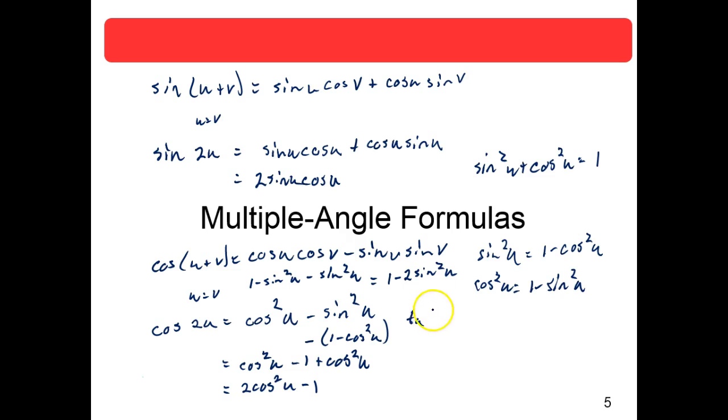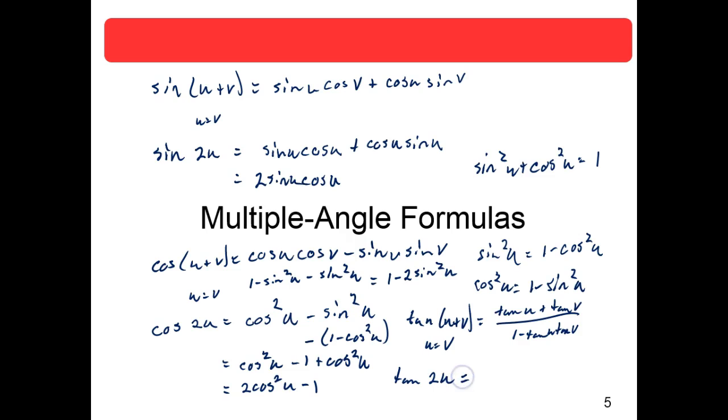Okay. What is tangent of u plus v? Oh boy, a long time ago. Tangent u plus tangent v over 1 minus tangent u tangent v. Right? What if u is equal to v? What do we have on the left? Tangent of u plus u, that'd be 2u.